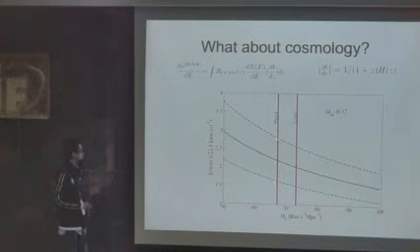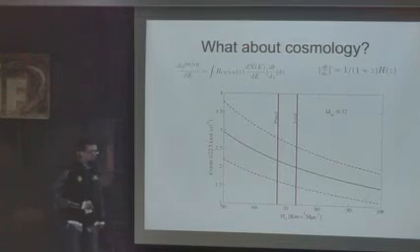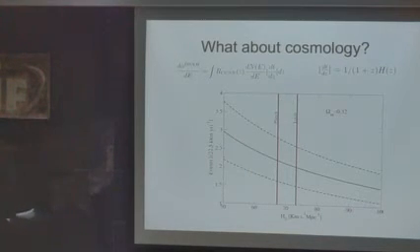But what you see is that the major uncertainty in the prediction of the number of events comes from the fact that you don't know the core-collapse supernova rate.